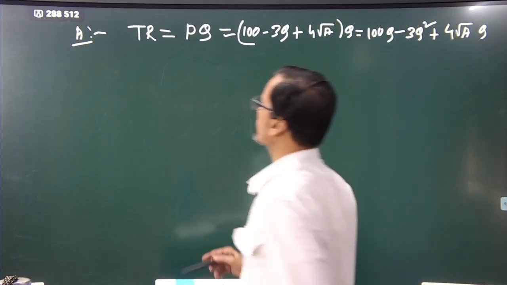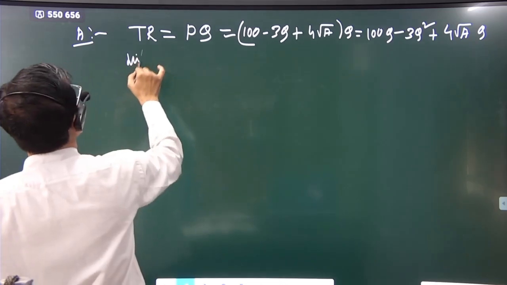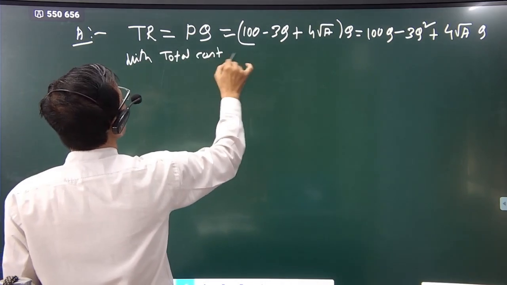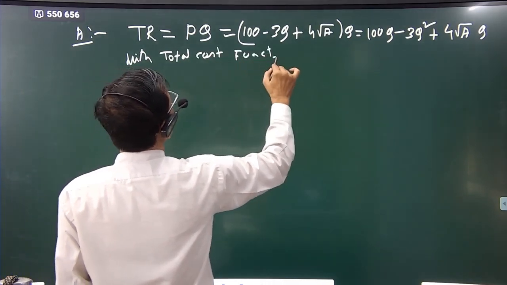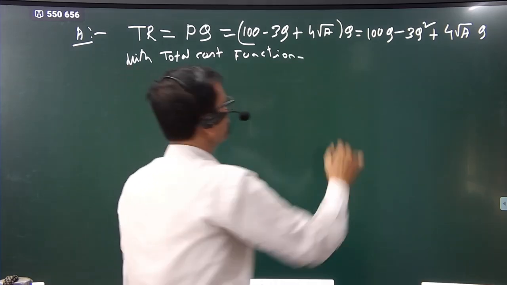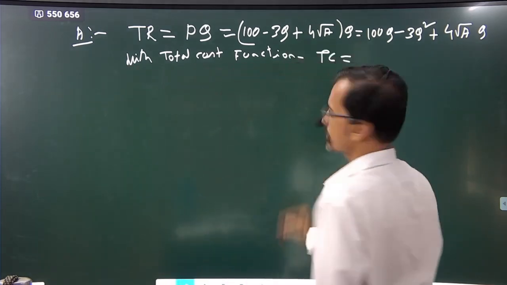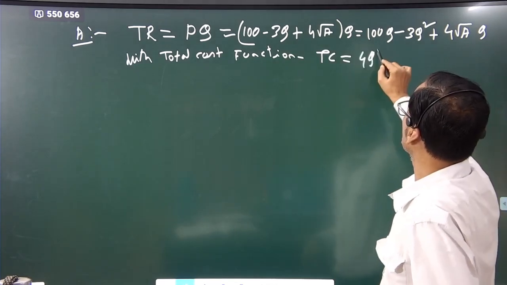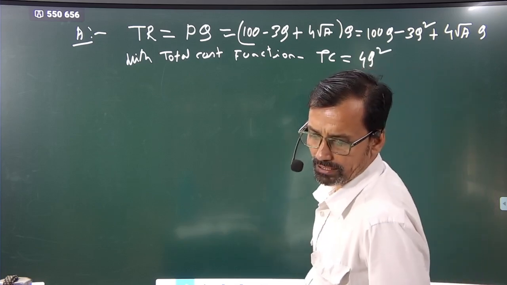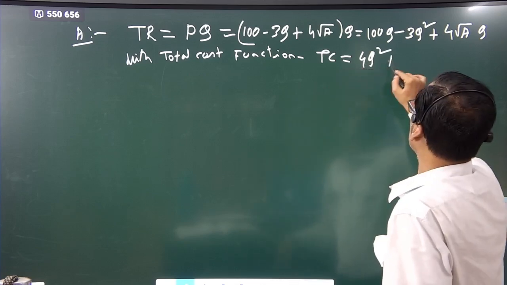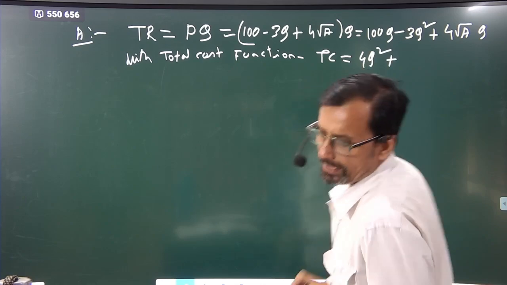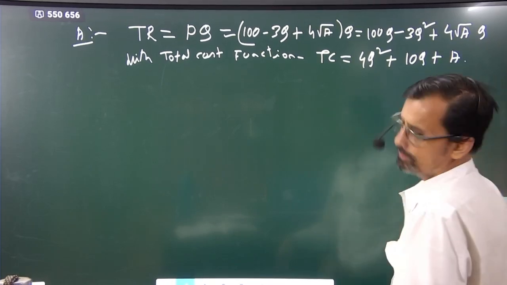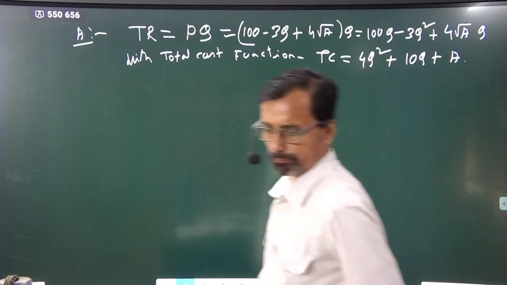Now with the total cost function, what is the total cost given? Total cost is 4Q square plus 10Q plus A. Now we can find the profit.